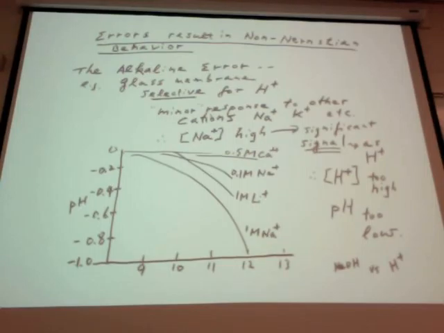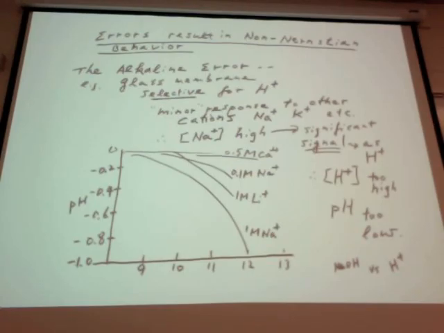When you have a higher concentration of OH minus, there must be coexisting cations as well. Most likely, the cation will be sodium plus.